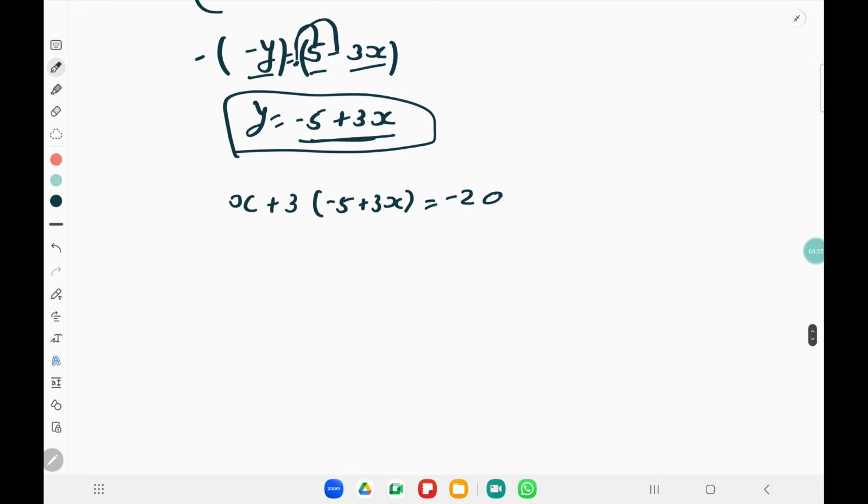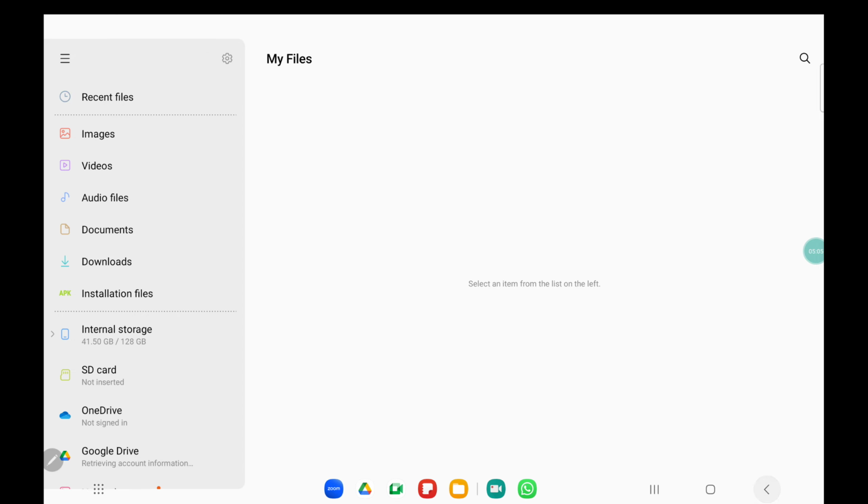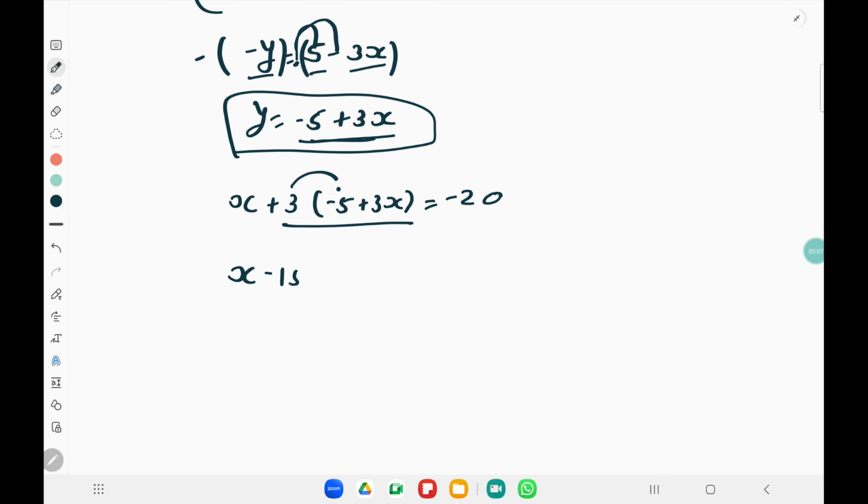Okay, now I expand this bracket. So first x I write as it is, 3 times minus 5 going to be minus 15. Minus 15. 3 times plus 3x going to be 9x, but it is positive, equals minus 20.